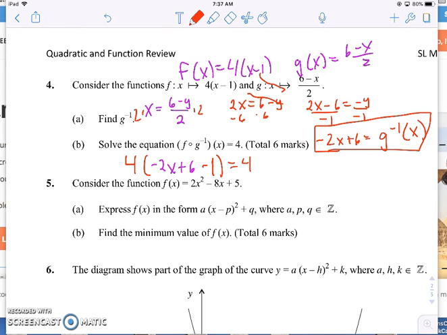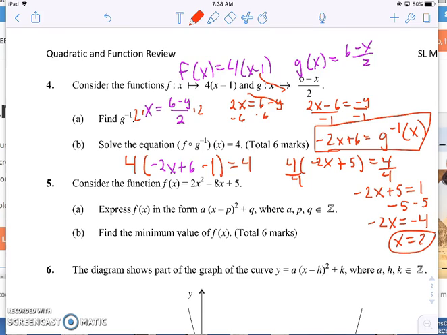So this is 4 times negative 2x plus 5 equals 4. Divide by 4, negative 2x plus 5 equals 1. Minus 5, negative 2x equals negative 4, so x would equal 2.